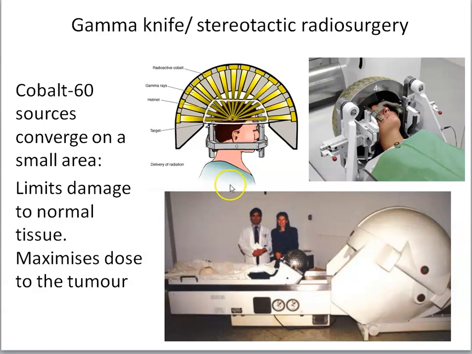So the patient puts the head into this contraption, and then the gamma is focused just onto the tumour, and the rest of the brain takes an equal burden of the gammas that are going in. So no one region of the brain receives a really high dose of radiation apart from the tumour.